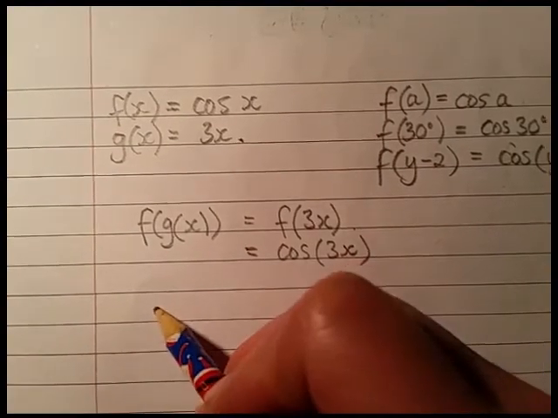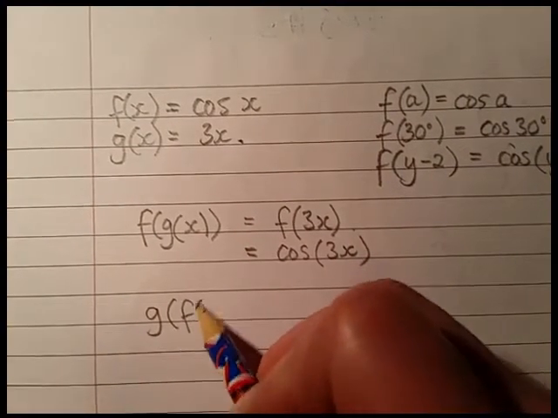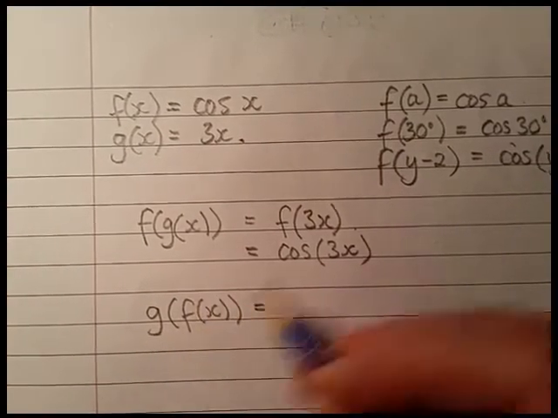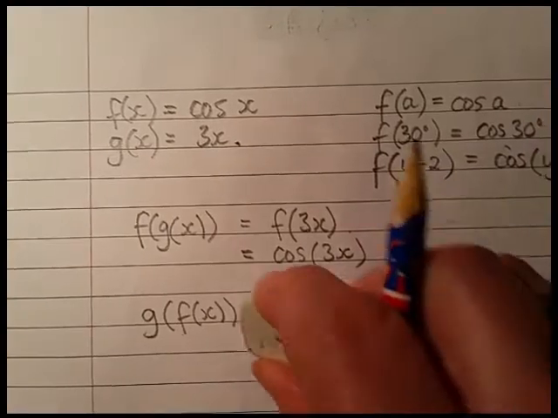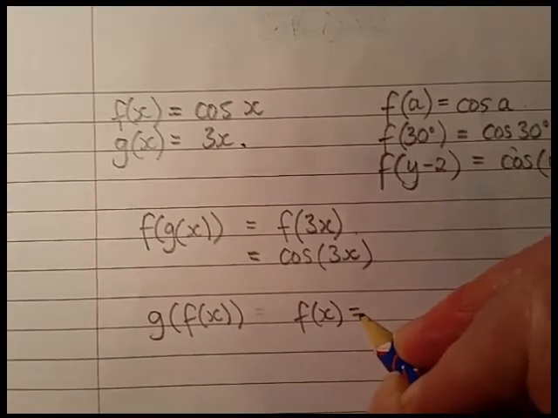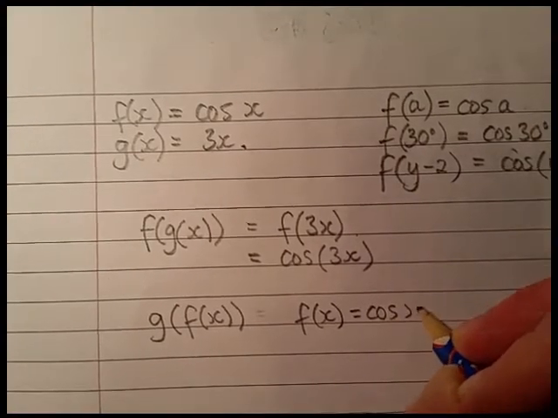Okay, and we'll do it the other way around. We'll do g of f of x. Well, first we need to work out what f of x is. So we know f of x is cos x.